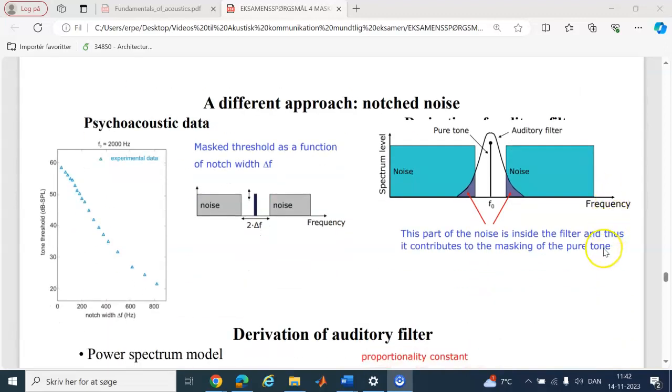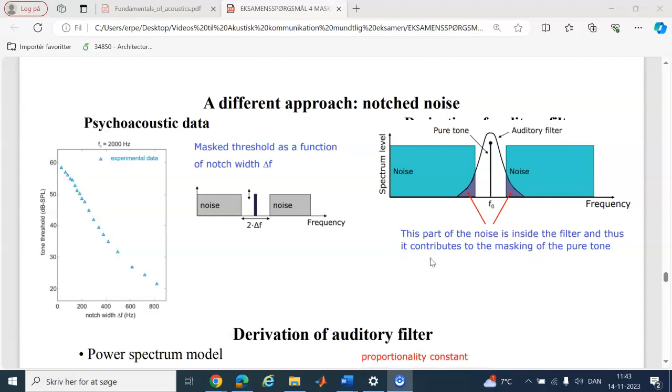A different approach, not a band of noise. We have noise on both sides of this F0, this pure tone, and we measure the masked threshold as a function of the notch width delta F. We have this Gaussian auditory filter, and this part of the noise is inside the filter, and thus it contributes to the masking of the pure tone.